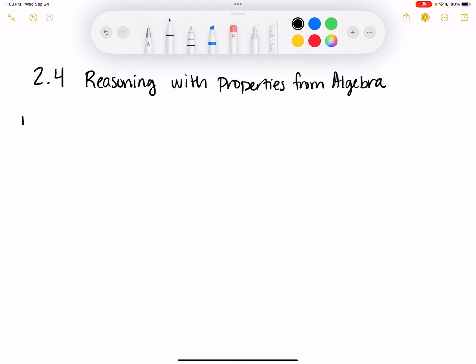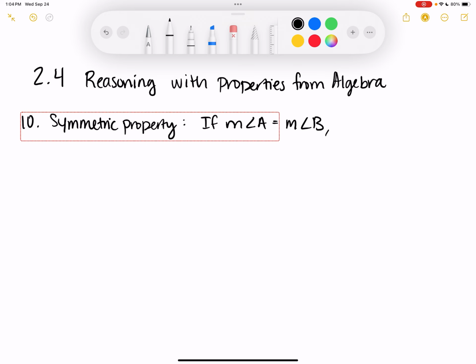So number 10, the symmetric property. And it's of equality. I'm just shortening it. If the measure of angle A is equal to the measure of angle B, then blank.